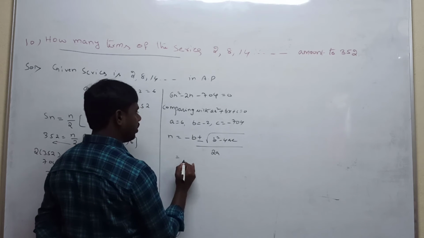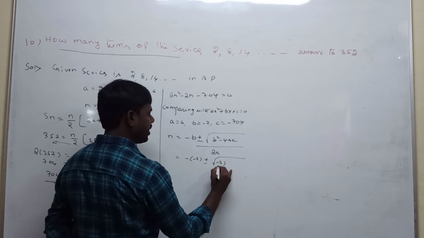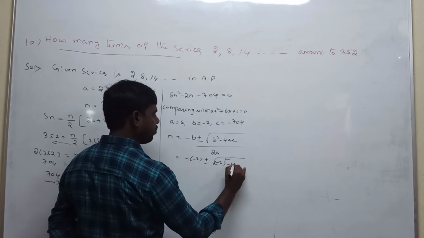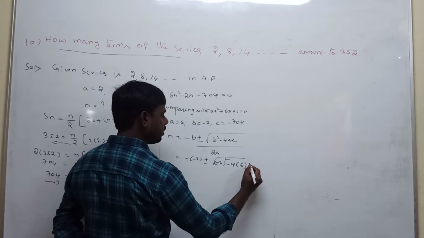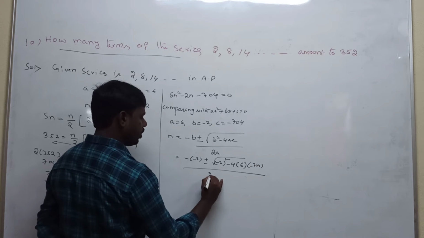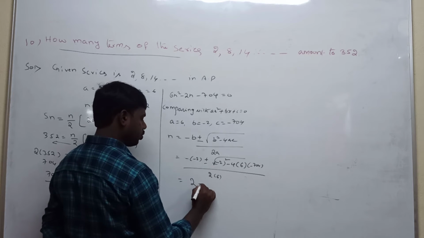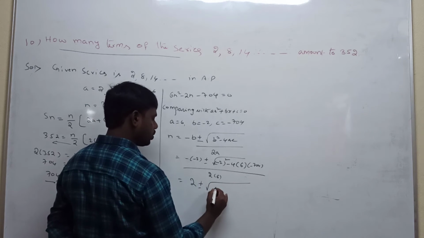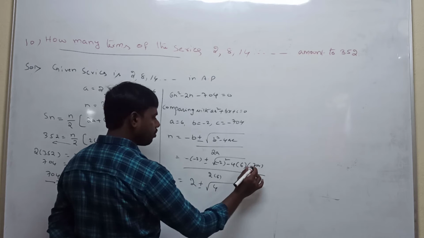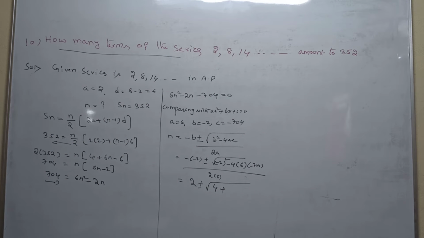Now substitute the values: b value is minus 2, plus or minus the square root of minus 2 whole square minus 4 times a value 6 times c value minus 704, divided by 2 into 6.